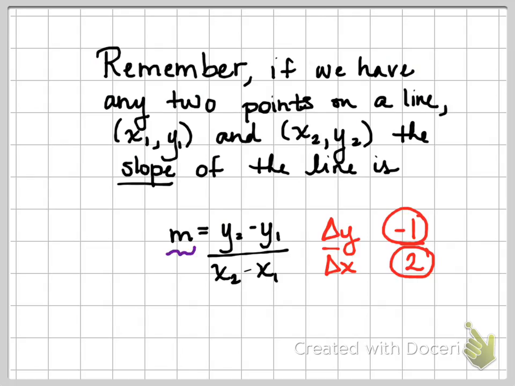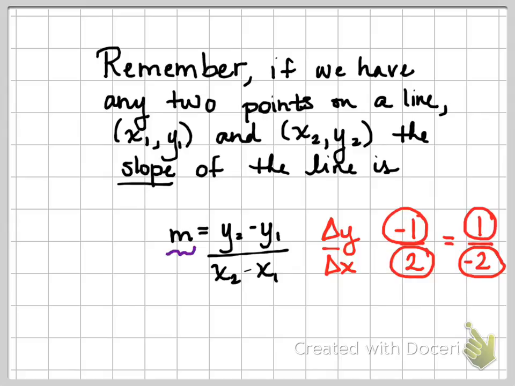Also, if we rewrite this as 1 divided by -2, 1 divided by -2 is the same as -1 divided by 2. This tells us that if we increase by 1 in the y direction, then we go -2 units in the x direction.